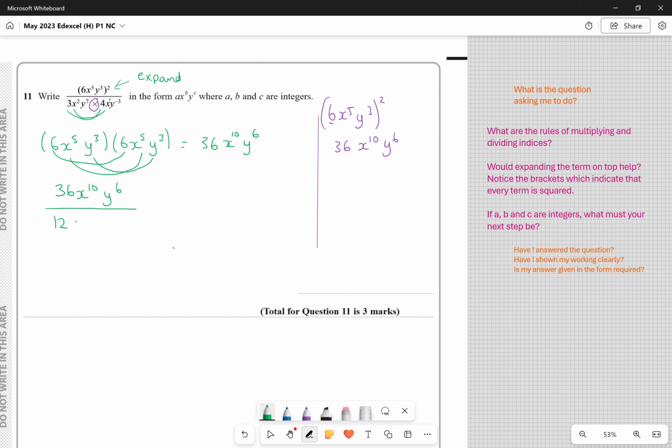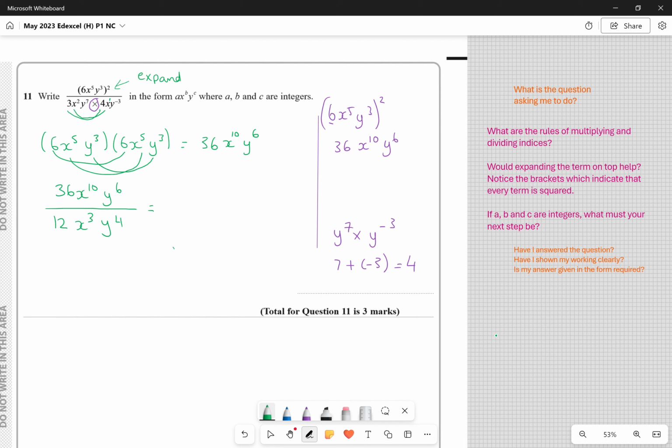So 2 plus 1 is 3, so we have x cubed. And then we have y to the 7 multiplied by y to the power minus 3. Remember, when you're multiplying, the indices are added together, so 7 plus minus 3 is 4. So here you have y to the power 4.